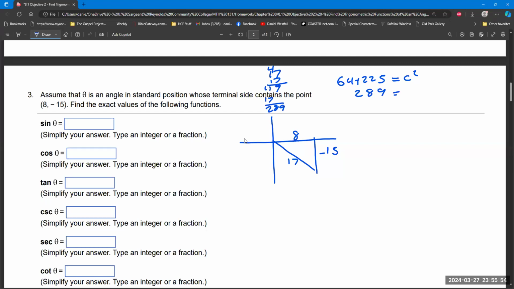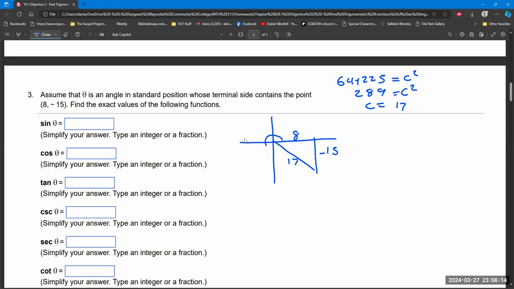So c squared is 289, c is 17. That might not be one of the ones that you have memorized in your perfect squares, but you should memorize an 8, 15, 17 right triangle.